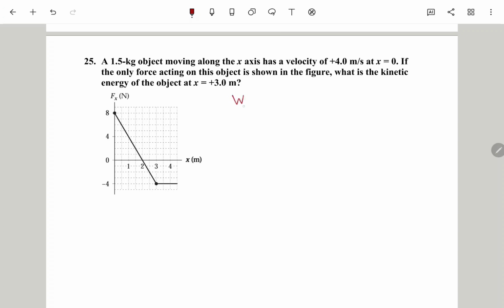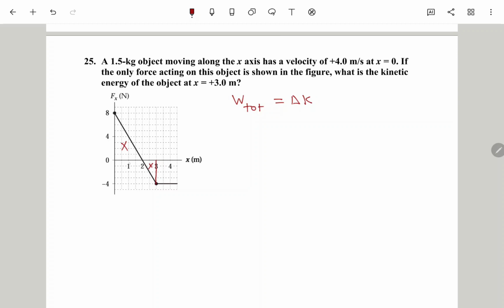Remember, work total in this case here equal to delta K, and work total in this case is the area beneath this curve. Now this is 3, the final one, it's in here. We actually have here two triangles, this one and this one here.